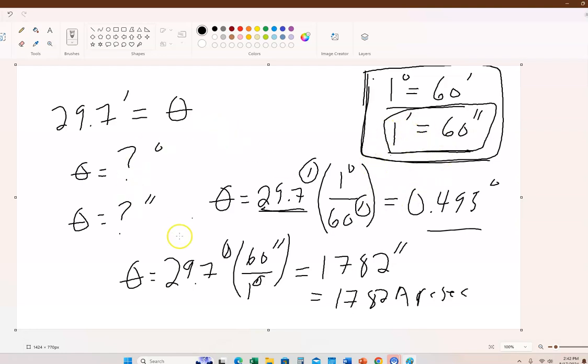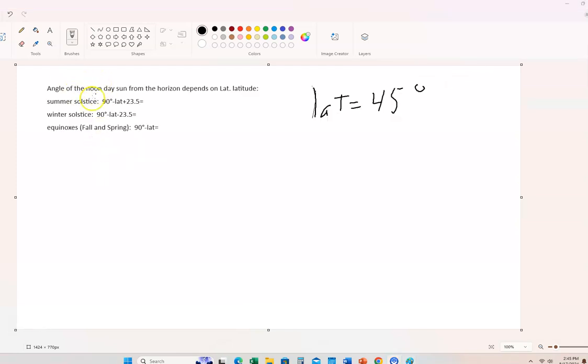Let's do the angle of the sun. Here's the equation. By the way, this will be given to you on the equation sheet. This is the angle of the noonday sun. Noon is when the sun is the highest in the sky. The angle depends on your latitude, and it is the angle with respect to the horizon.